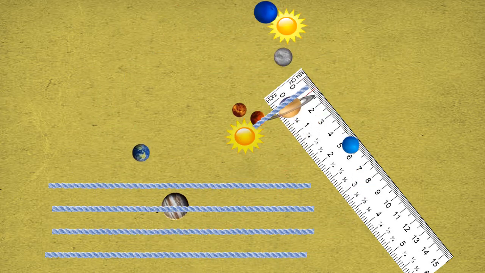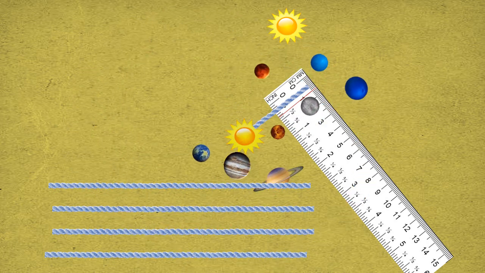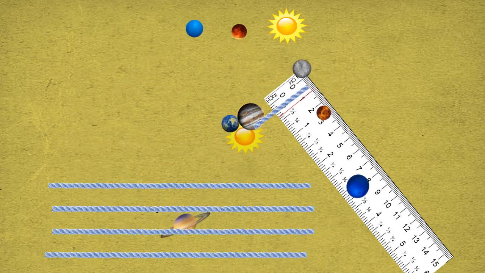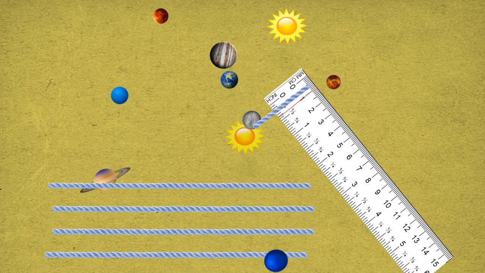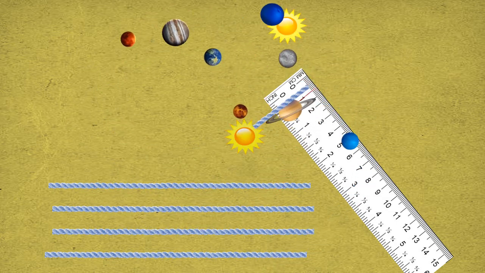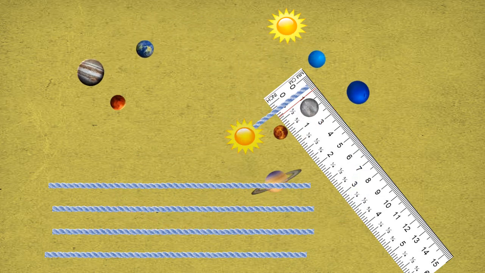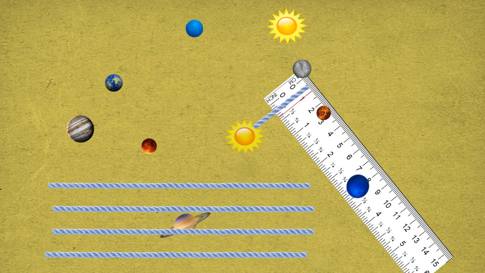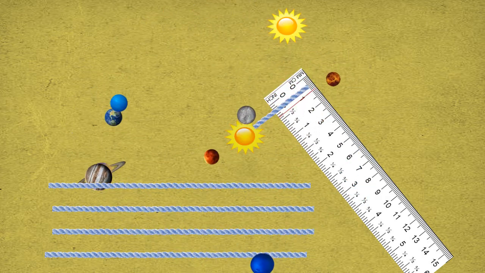On Table 1 and Table 2 that I have presented, you may refer to them so that you will know the sizes of the planets converted into centimeter and the distance of the 8 planets from the sun, measured in millimeter.